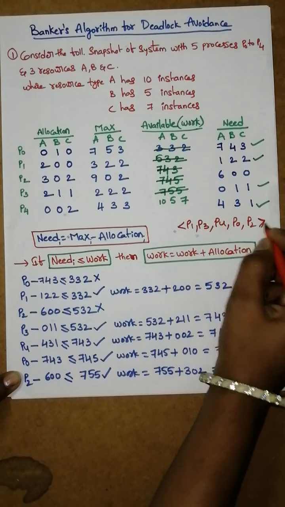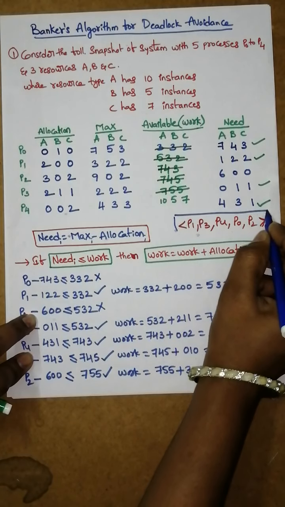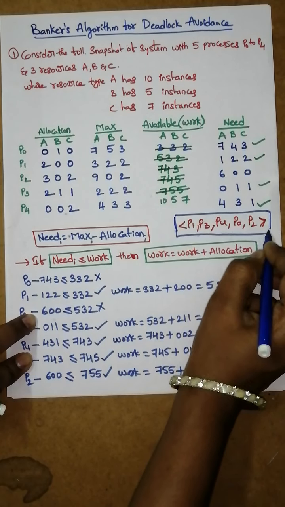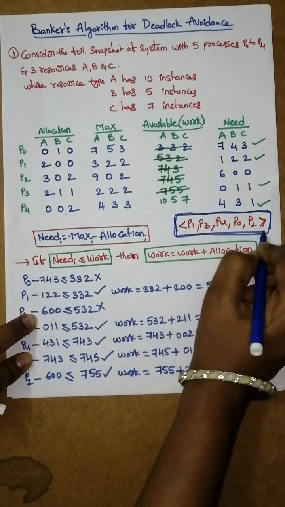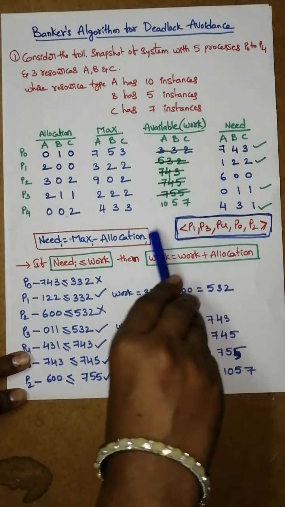This is called the safe sequence. A safe sequence tells you to execute the processes in this order to avoid deadlock.